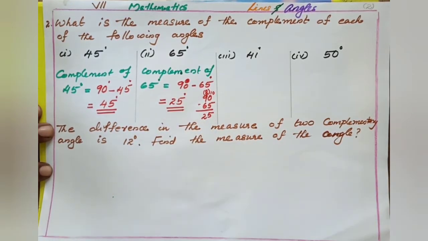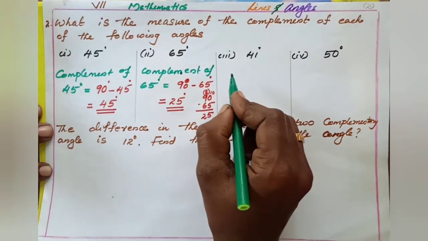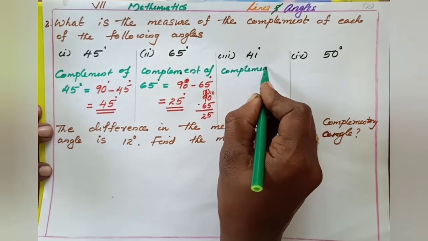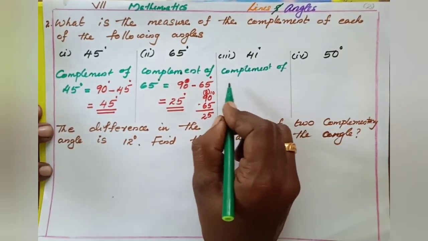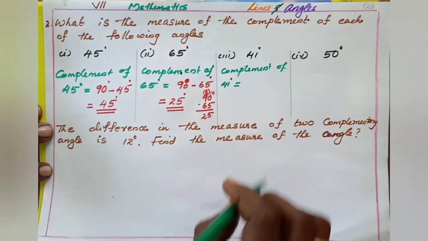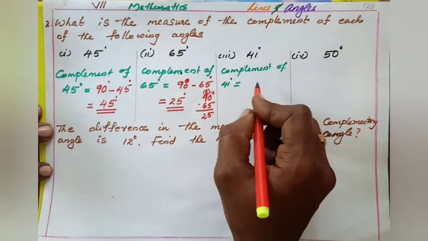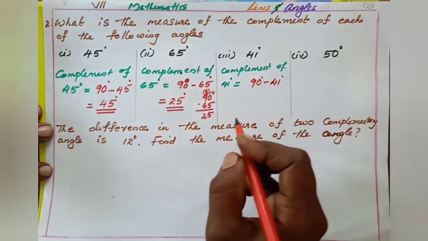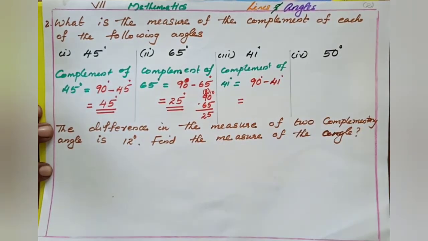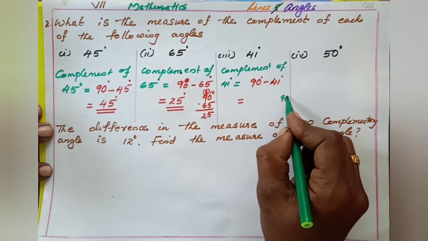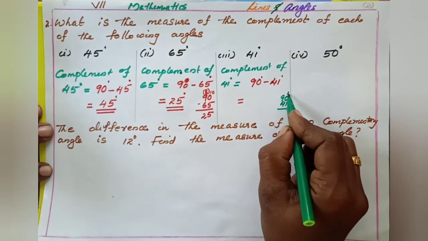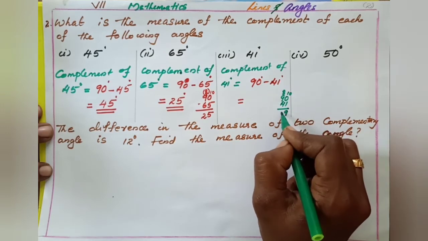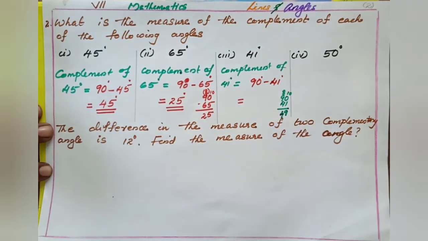Then next is find the complement of 41 degree. So complement of 41 degree equals 90 degree minus 41 degree. 90 minus 41, 10 minus 1, 9, 8 minus 4, 4.